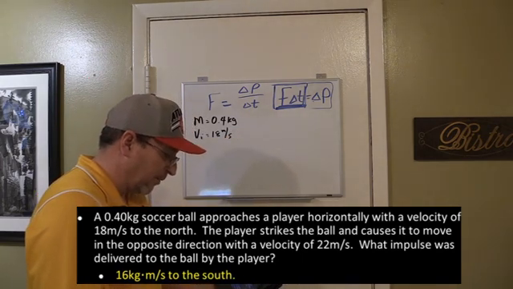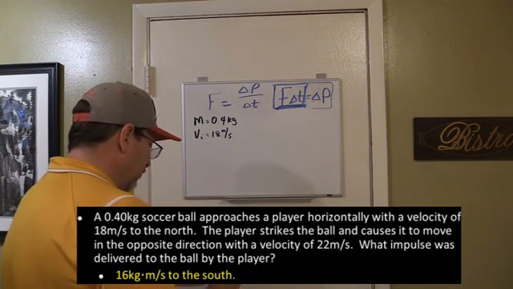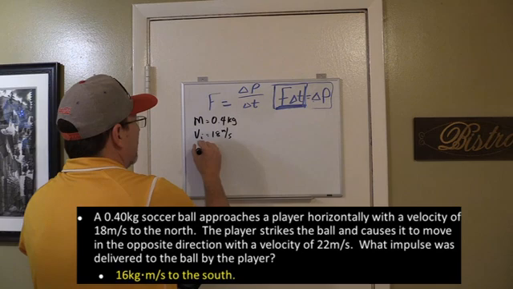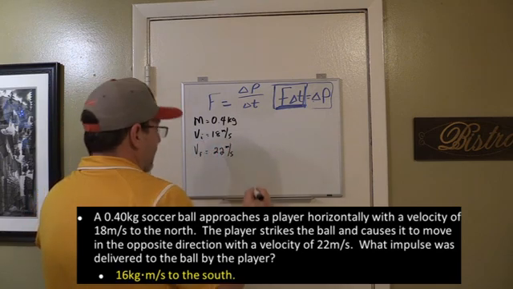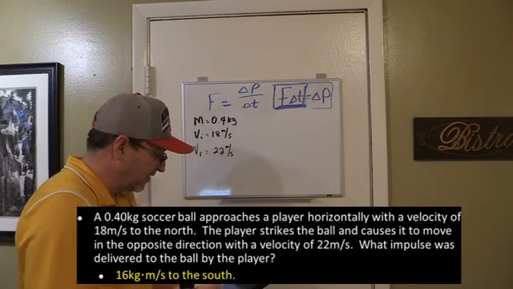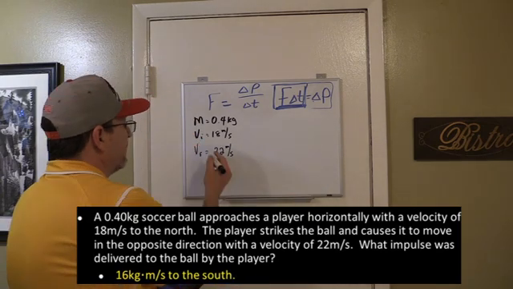The player strikes the ball and causes it to move in the opposite direction with a velocity of 22 meters per second. What was the impulse delivered to the ball by the player?